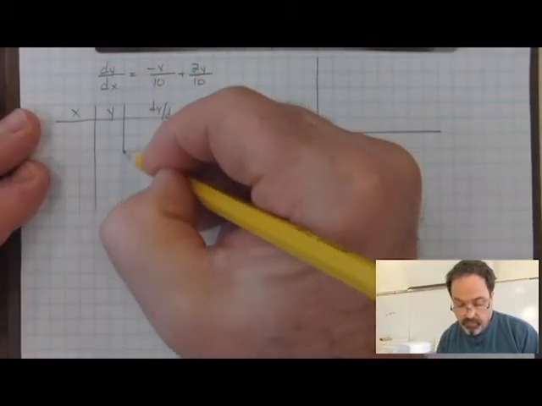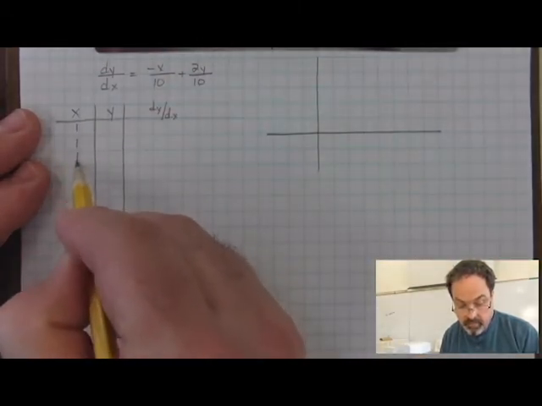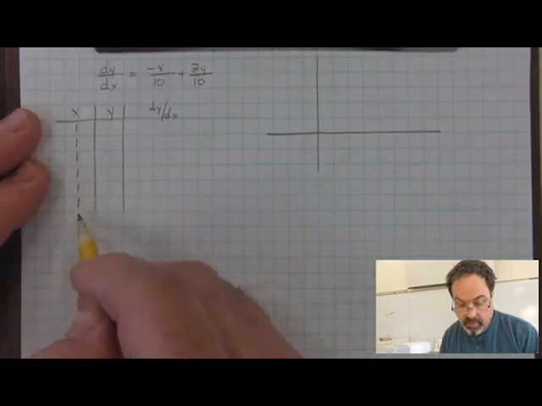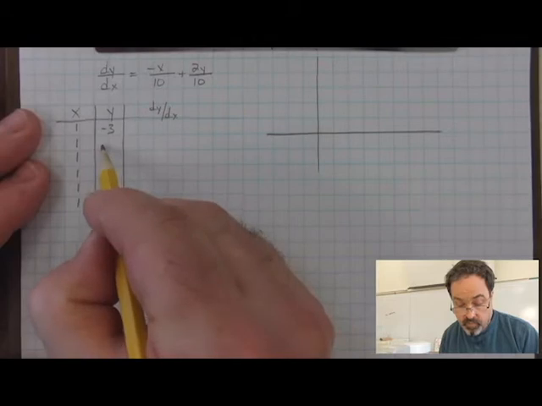I'm going to choose x to be 1 and show how the derivative is affected by the change in y.